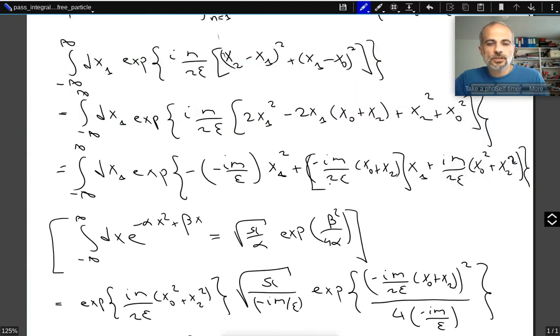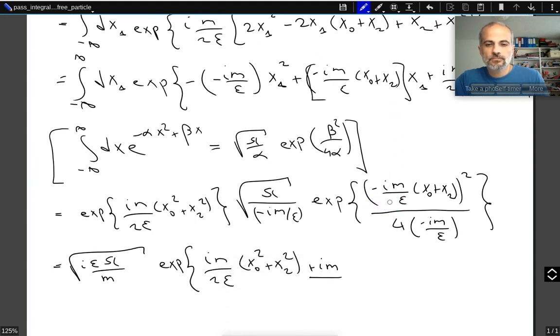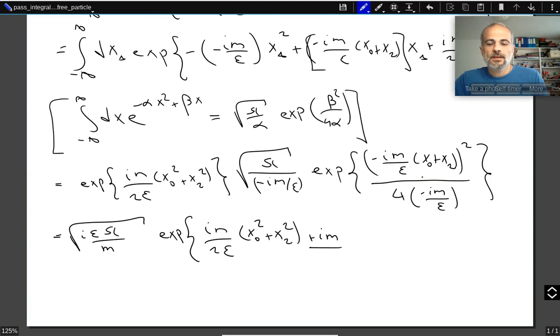Let me check if that factor 2 is correct. No, there is no factor 2 over here. You see there is a 2 over here, 2 over here, they cancel. So there is no 2. And then we have 1 over epsilon squared. Here there is an epsilon in the denominator, it goes to the numerator. So we have divided by 4 epsilon, x0 plus x2 squared.